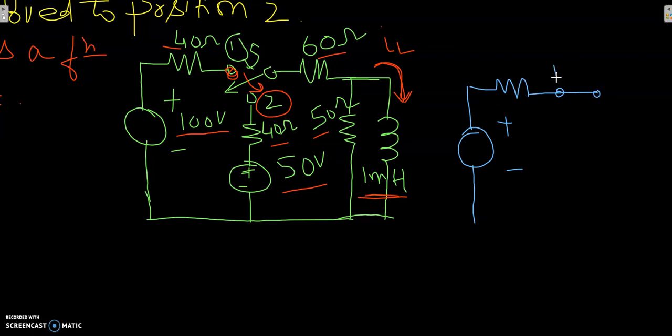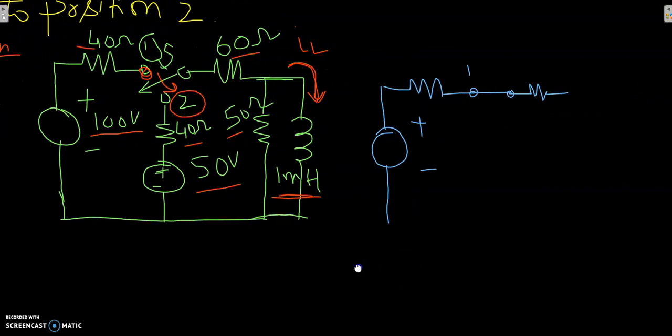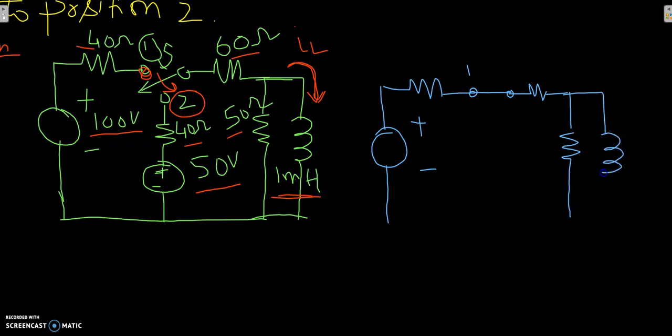This is position 1, and we have a resistor, and then another resistor here, and then we have an inductor. The important thing to note here is that this is 40, this is 60, this is 50, and this is 1 millihenry.